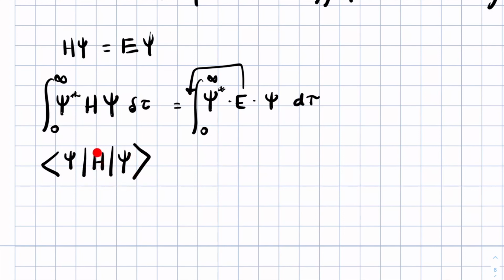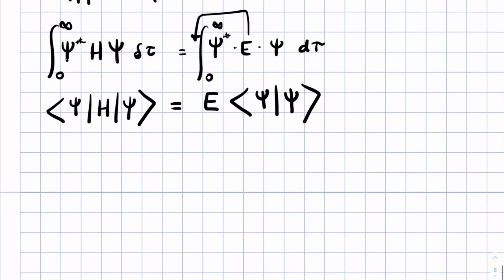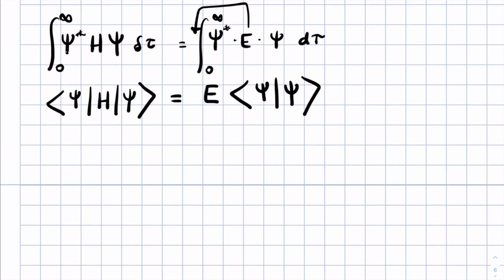This is the Hamiltonian operator applied to this wave function, and the bracket represents integrated over all space. And then over here, we've got energy times the integral over all space of the complex conjugate of the wave function times the wave function, again integrated over all space.